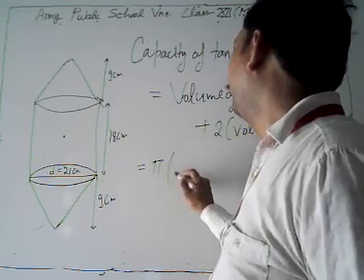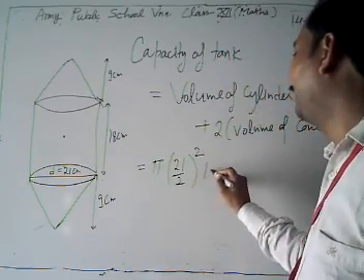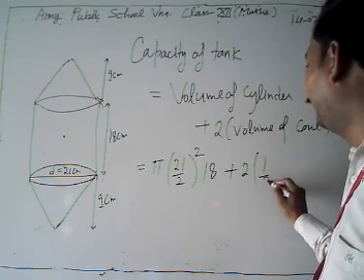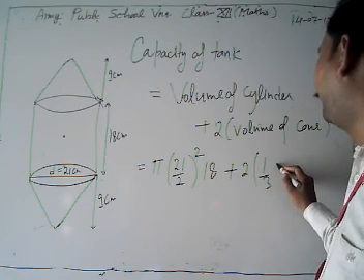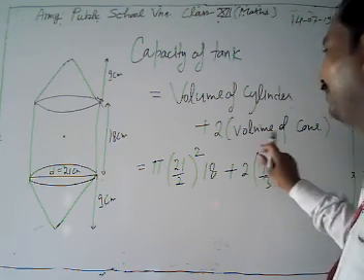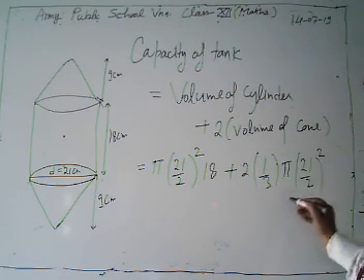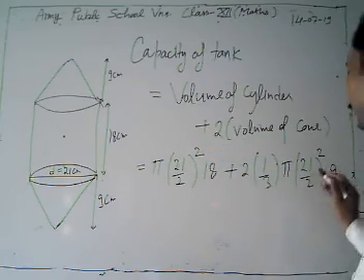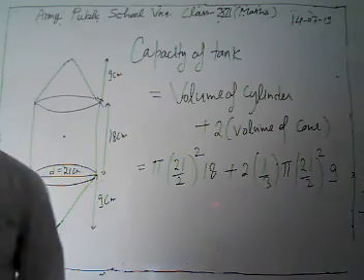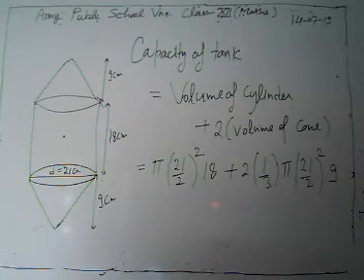Diameter 21, so r is 21 by 2. H of the cylinder is 18. Plus 2 into the volume of cone, 1 by 3 pi r square h. R is the same in both cases. H, the height of the cone, is 9. Now we put in the values and find out the volume of the cone and add the volumes, to find out the capacity of this tank.